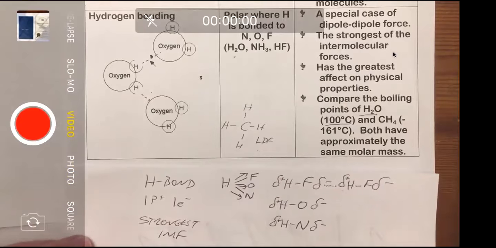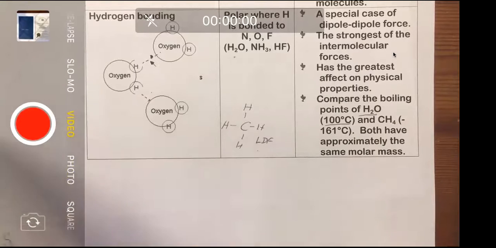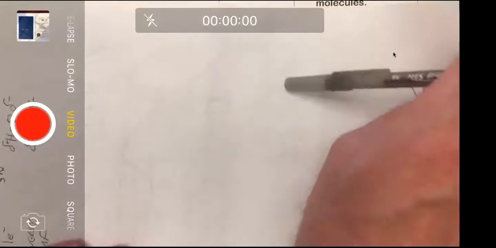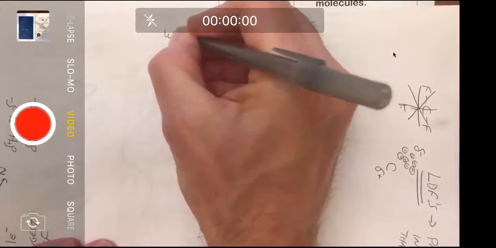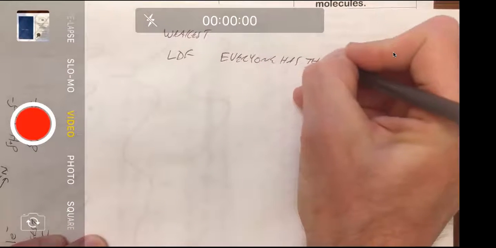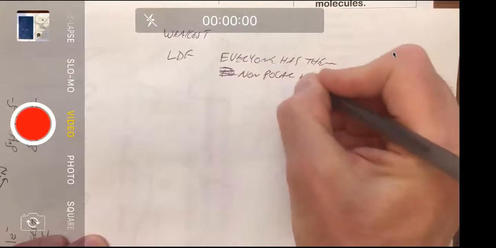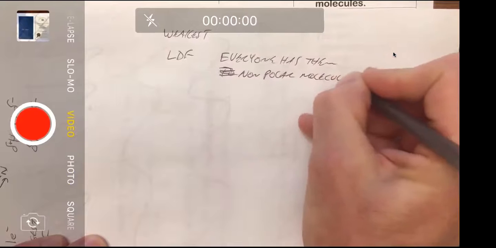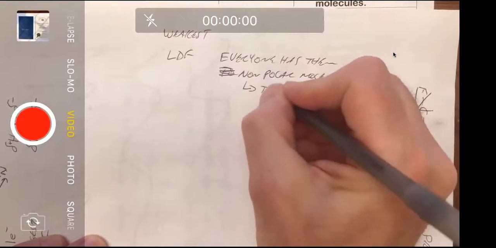And if I had to summarize them all right here, the weakest is LDF. Everyone has them. And for nonpolar molecules, that's all they have.